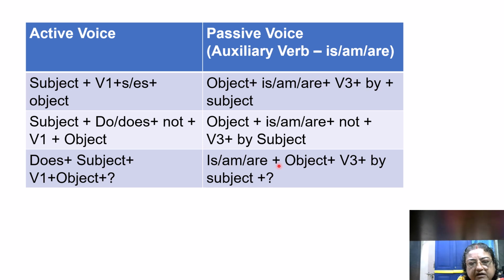So is, am, are plus the object, meaning the object comes in the subject position, plus V3, plus the keyword by. You may or may not use it; sometimes it is not required, but you can use it, no problem. Then the subject, and the question mark you have to give for the question sentence. So it is clear, this is the format of the sentence.